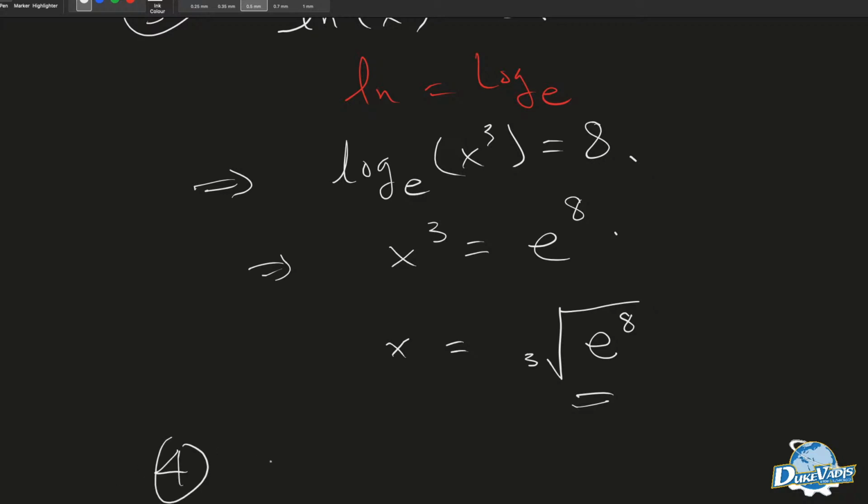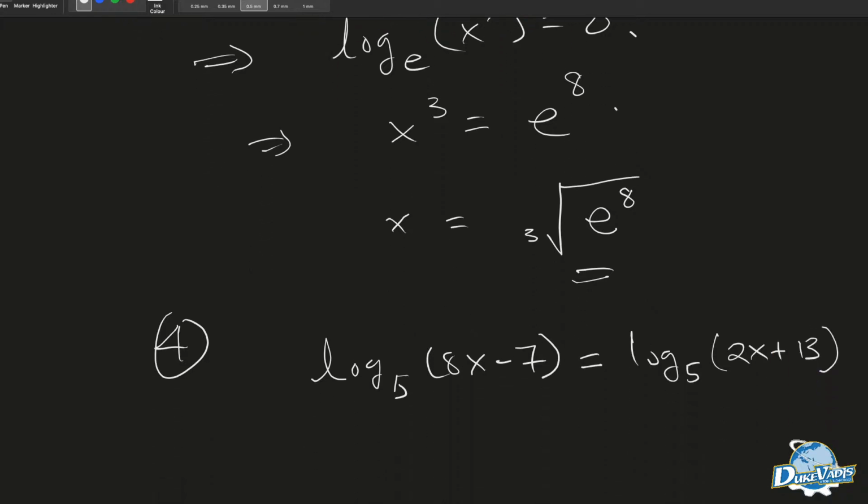Question 4 says we have log to base 5 of 8x minus 7 is equal to log to the base 5 of 2x plus 13. You see, this equation is very interesting.